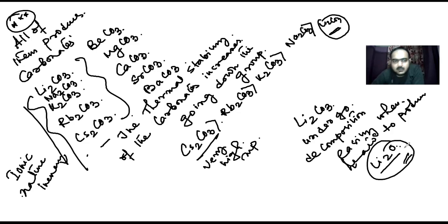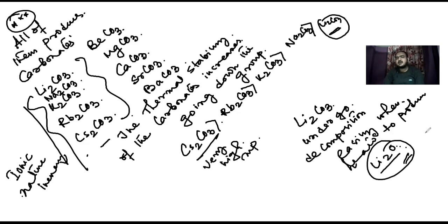Actually, this is stable. This kind of phenomenon is because lithium has a smaller size, so it polarizes the electron out of the oxygen, and the carbon dioxide is released during the process.